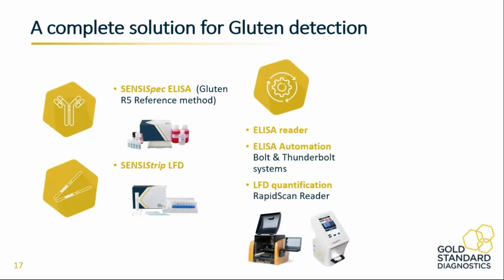Regarding automation, we can offer an ELISA Reader for the SensiSpec ELISA kit. Also automation, Bolt and the Thunderbolt, which we will see later in more detail, and also the possibility of quantification of the LFD kits by using the Rapid Scan Reader. And we can also offer something quite unique, which is the gluten spiking solution and the allergen control material.